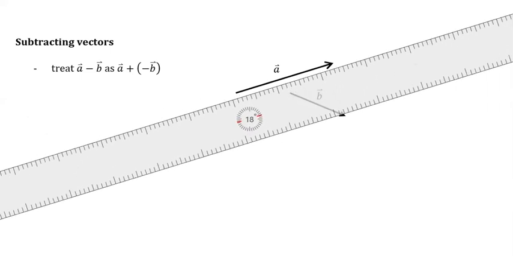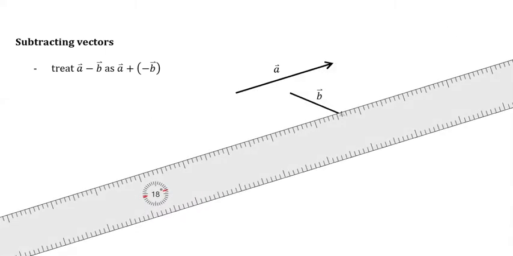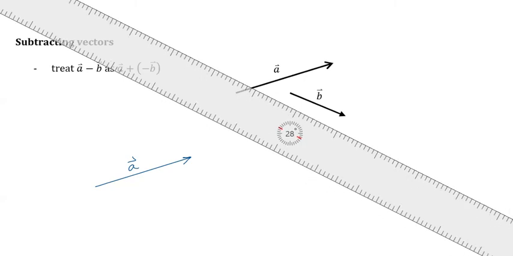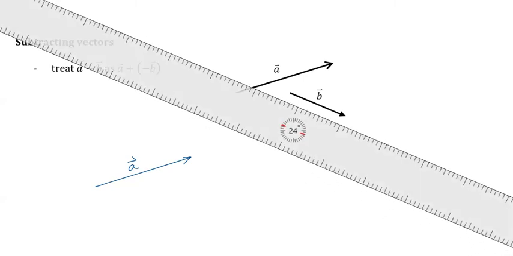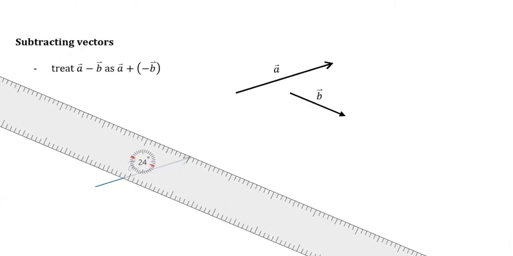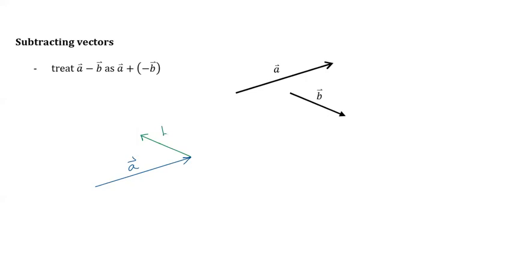But in this case, we're going the other direction. So I subtracted B. This should be negative B, because I took that B, which is going this way, and instead I drew it going the other way, but still adding tip to tail.